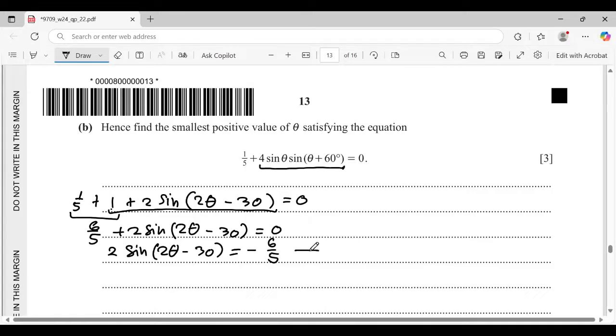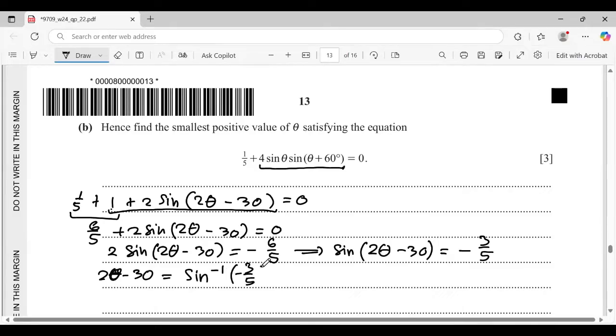And after that, sine 2 theta minus 30 equals minus 6 over 5 divided by 2, which becomes minus 3/5. So 2 theta minus 30 equals arc sine, or sine power minus 1, of minus 3/5.